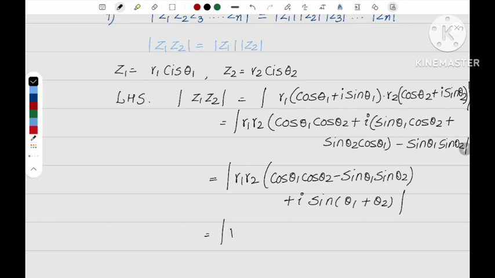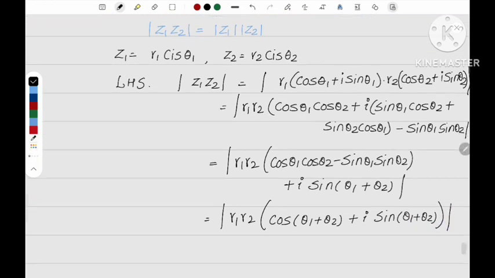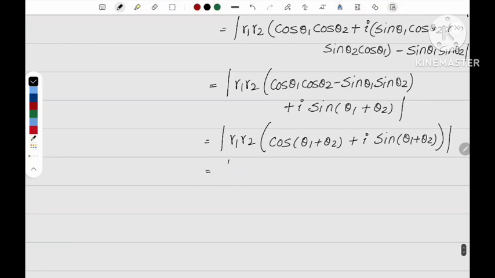So this becomes mod R1 R2 cos theta 1 cos theta 2 minus sin theta 1 sin theta 2 becomes cos theta 1 plus theta 2 plus i sin theta 1 plus theta 2, mod, and this becomes mod R1 R2.